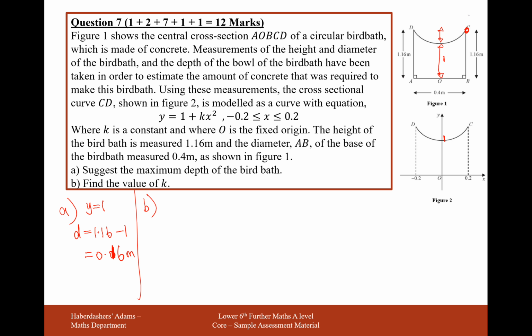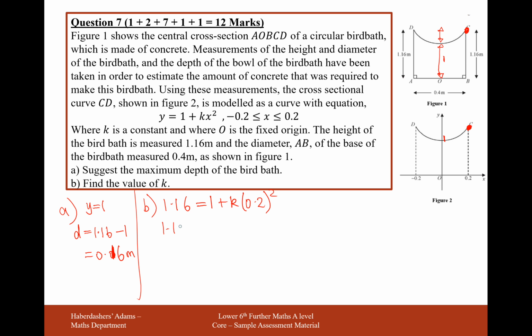Okay, state the value for k. Well, let's work with this coordinate up here now. This length of the maximum height on the corner of the bird bath is 1.16, and this is going to be when the x-axis coordinate is 0.2. So we need to square that.